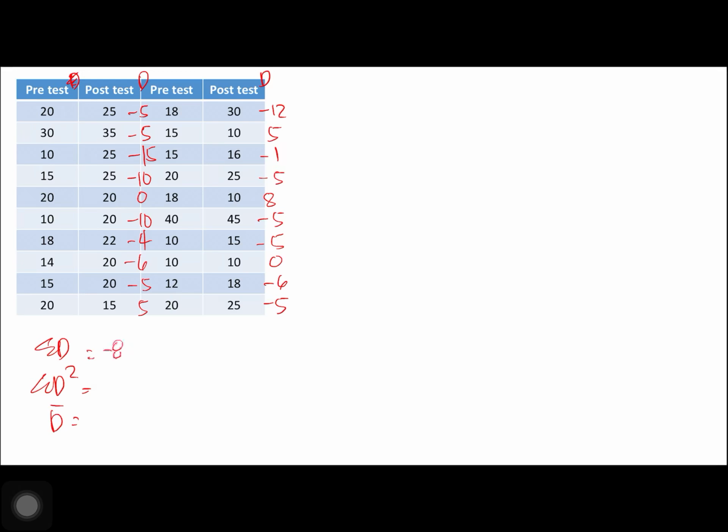We have here negative 81. For our summation of D squared, we have there 947. We have negative 4.05. Okay? So, T is equal to D bar over the square root of the summation of D squared minus summation of D squared over n times n minus 1.